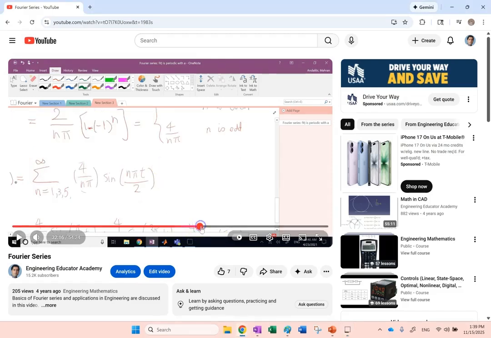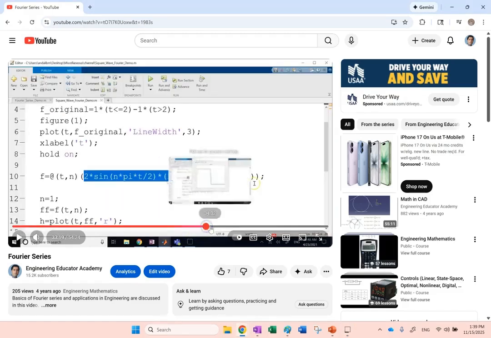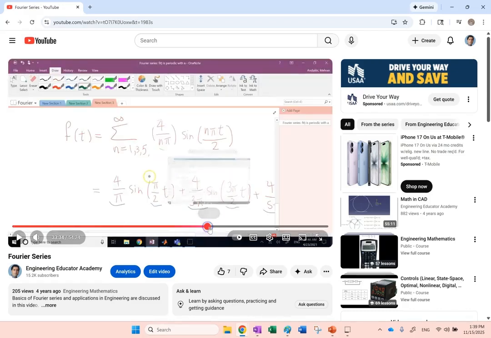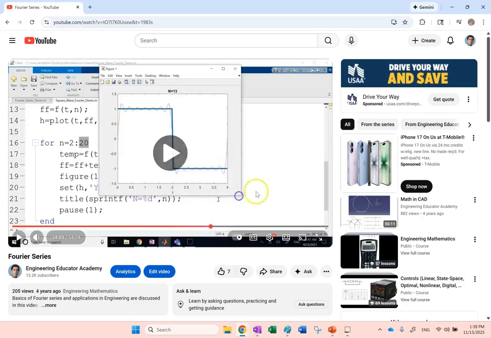And then if you look at when I run this MATLAB code, which I guess you should be able to download, you see that as the number of terms in the Fourier series changes, for this pulse, you get your total Fourier series closer and closer to it.